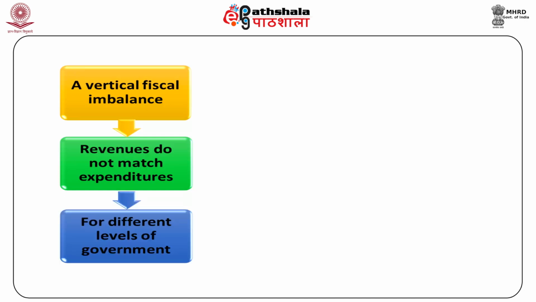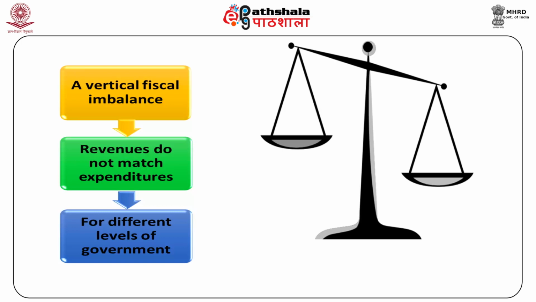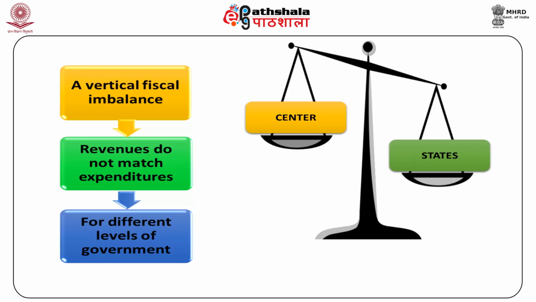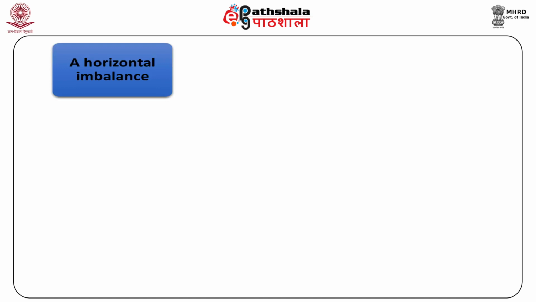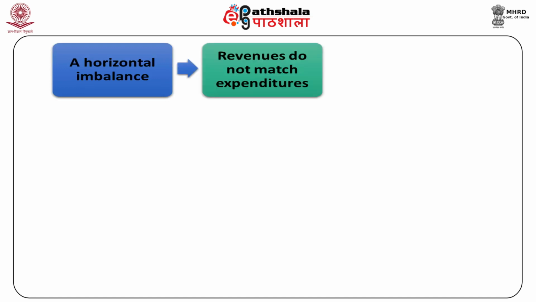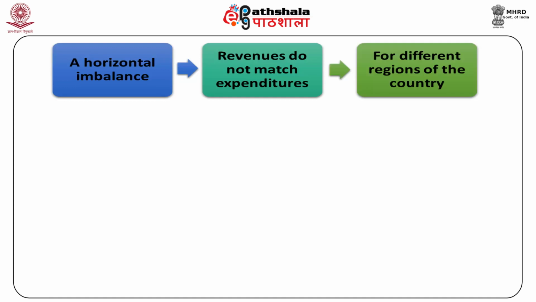When the fiscal imbalance is measured between the two levels of government, center and states, it is called vertical fiscal imbalance. A horizontal imbalance describes a situation where revenues do not match expenditures for different regions of the country.